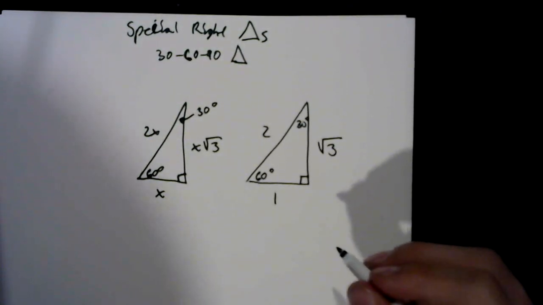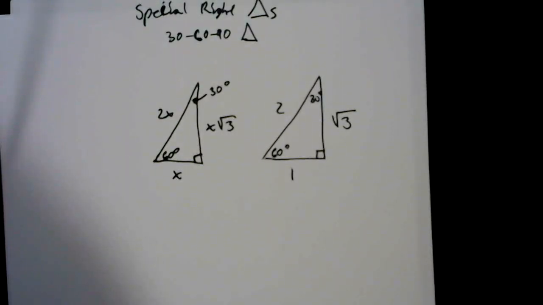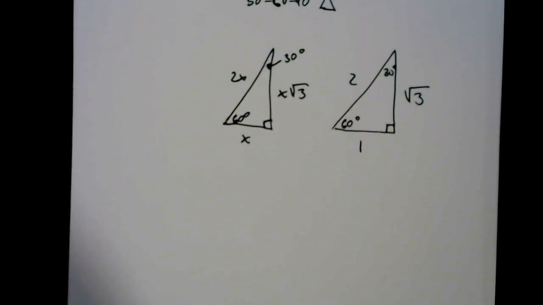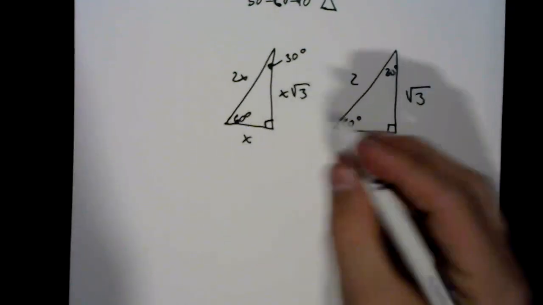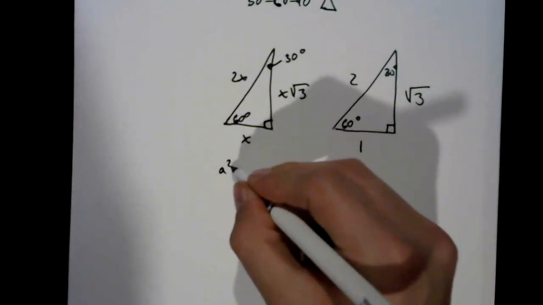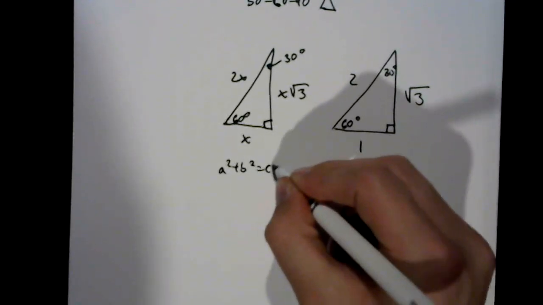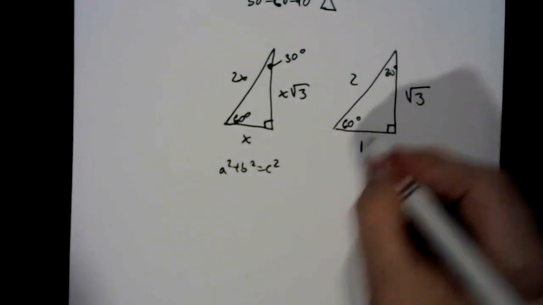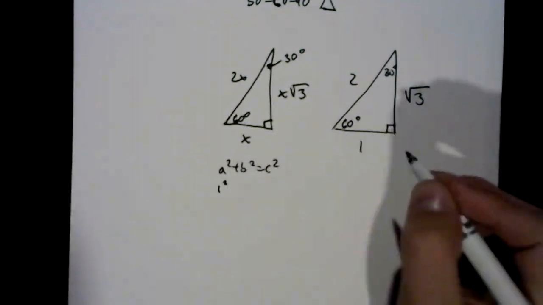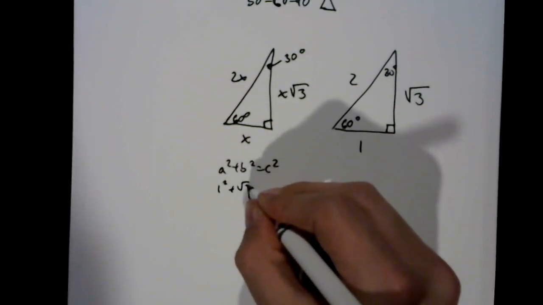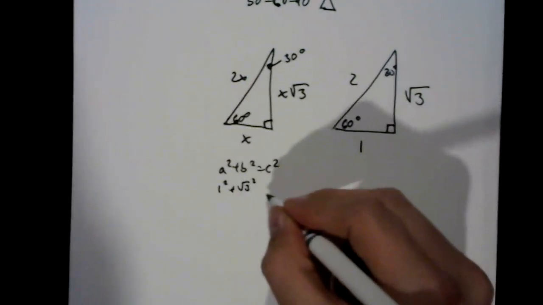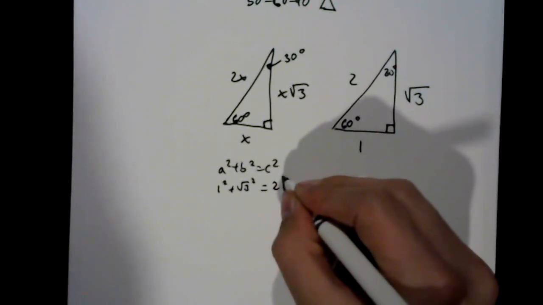Well, you can use a variety of methods to show that it works. You could use the Pythagorean theorem, stating that a squared plus b squared equals c squared. So it'd be basically saying 1 squared plus the square root of 3 squared equals 2 squared.